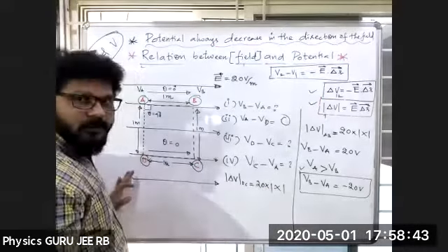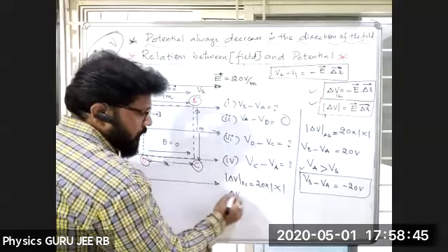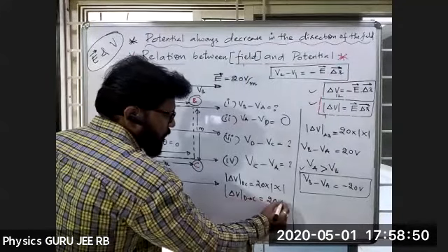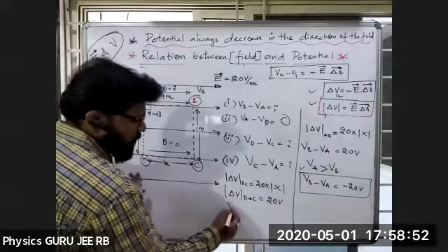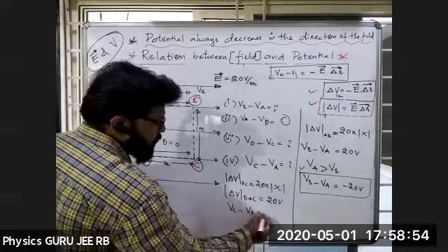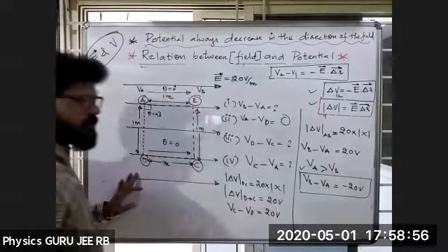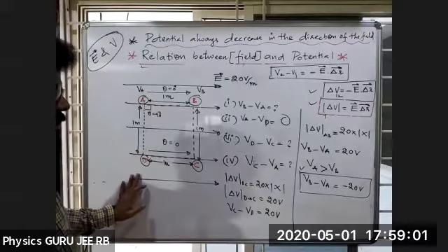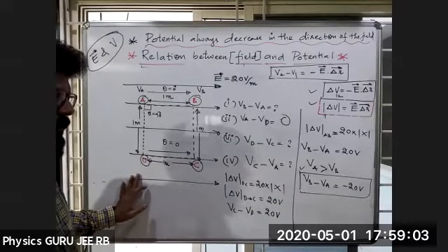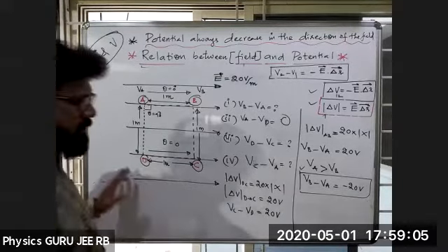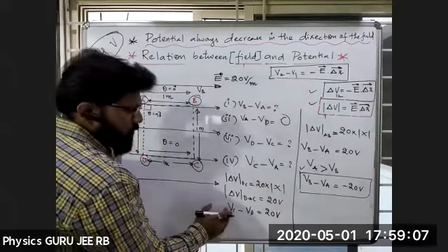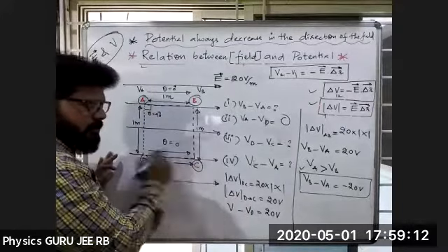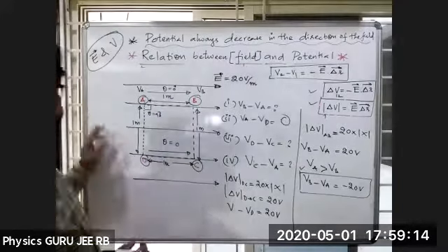So delta V D to C equals 20 volts we got, which can be written as VC minus VD equals 20 volts. This is correct. But he is asking VD minus VC. Is it positive or negative? We are getting VD minus VC. D to C, I am moving D to C. That means I should get what? Anybody?